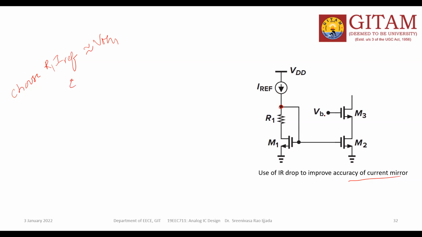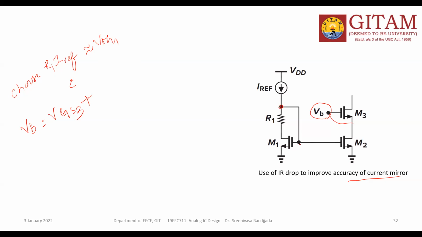Okay, and your VB, this is the biasing voltage for this M3 transistor. VB is equal to, as I told you earlier, the potential here, VGS3, plus, so what is this voltage or this voltage? Both are the same because of M1, M2.